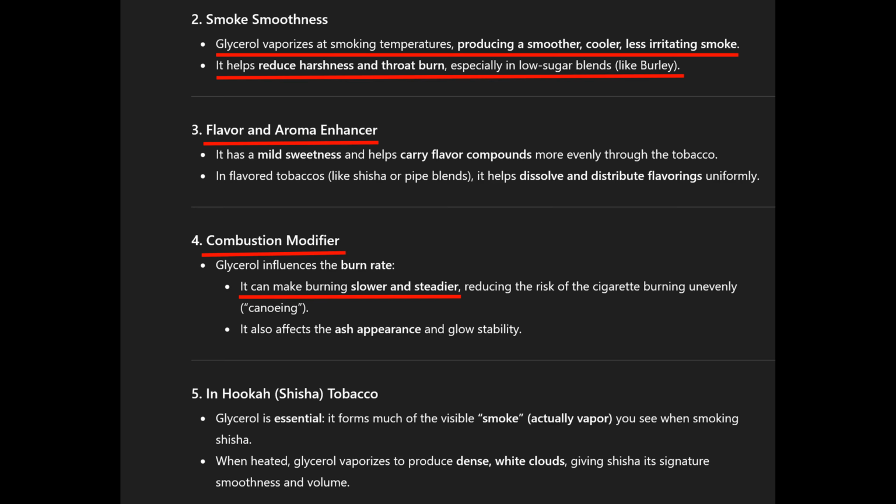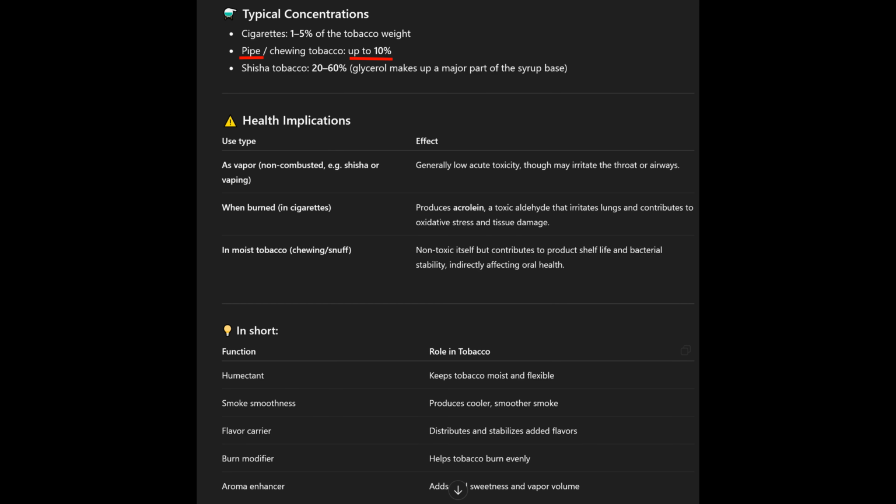Combustion modifier, it can make burning slower and steadier, again important. Further, in pipe tobacco up to 10%. So glycerol in pipe tobacco up to 10%. That is quite something, but it is what it is.